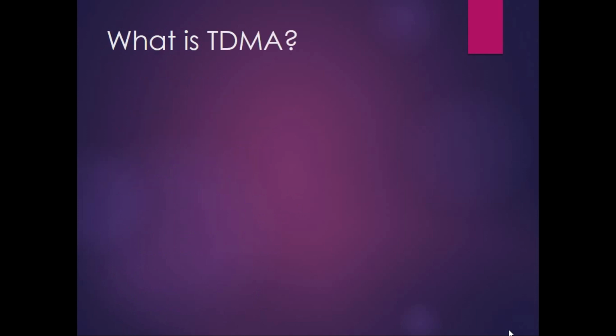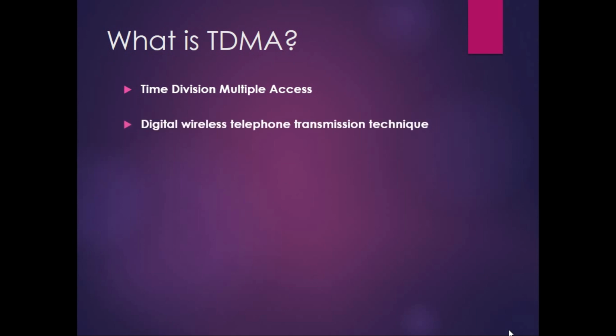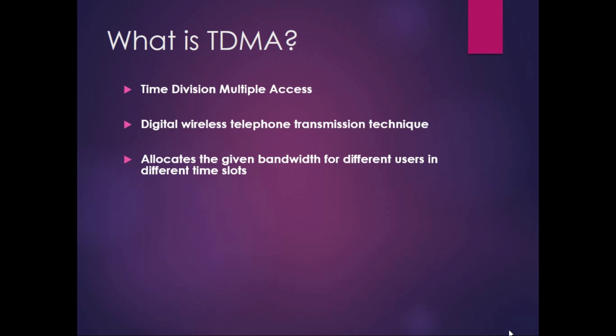At first, we discuss what is TDMA. TDMA means time division multiple access. It is a digital wireless telephone transmission technique. TDMA allocates the given bandwidth for different users in different time slots.